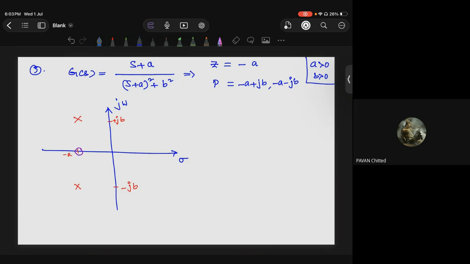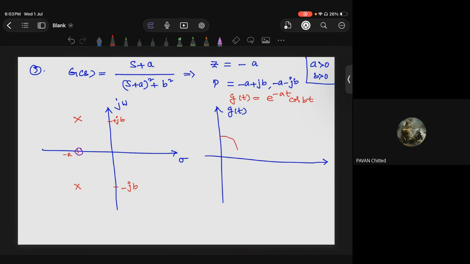Now if you plot the time domain response, what is g of t? Can anyone tell me in this case? e power minus at cos bt. Correct? Now if you plot these two things, how does cos look like?